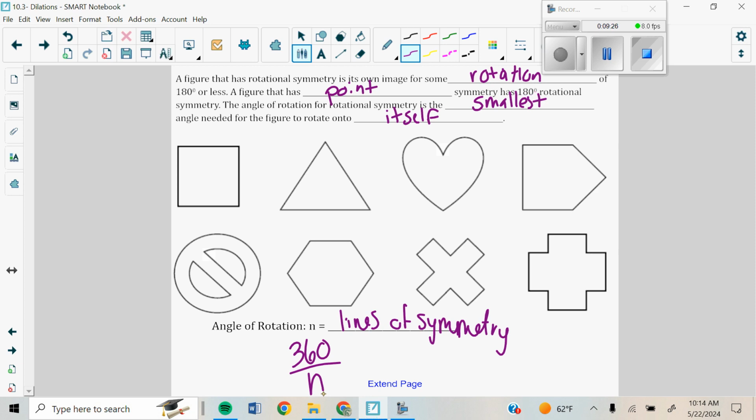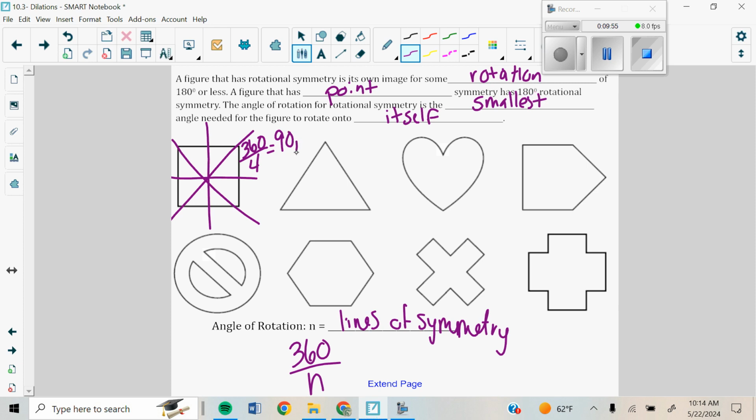If we look at this square, I can split it in half this way, I can split it in half this way, and we can also go diagonally. So this one does have rotational symmetry. I can take a chunk and rotate it. There are 4 lines, so we're going to do 360 divided by 4. So this has rotational symmetry of 90 degrees, and we also have rotational symmetry of 180 degrees.